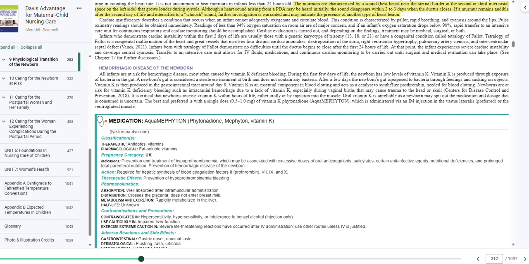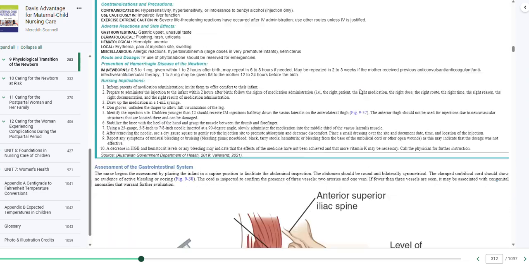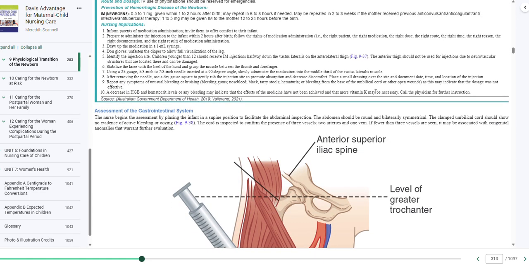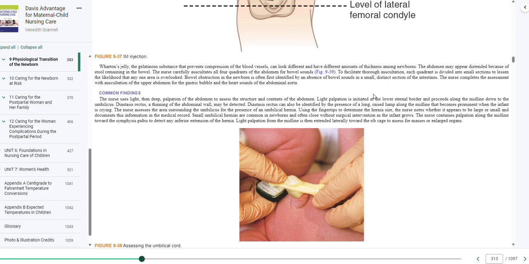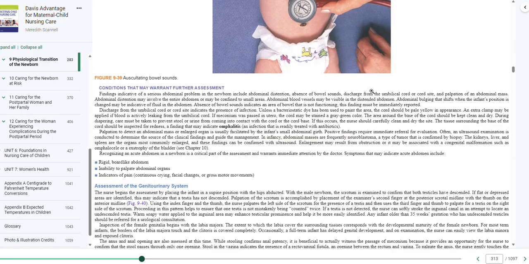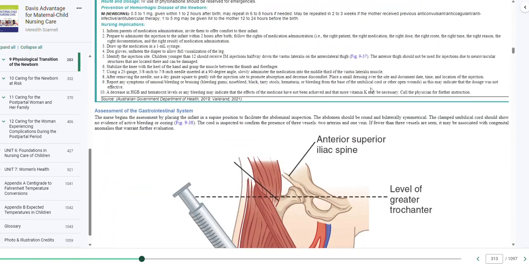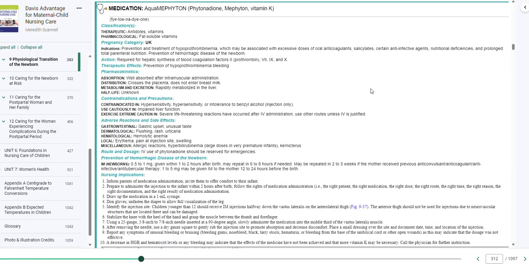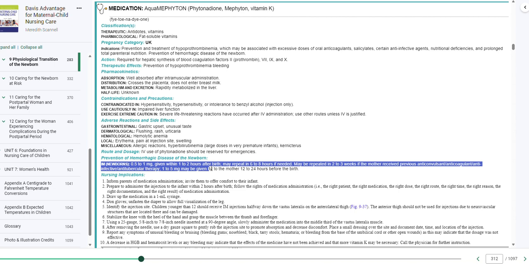So, all right, let's look on page 313. This is still under that same vitamin K. In newborns, you need to know this, we're giving those injections IM, 1 to 2 hours after birth.